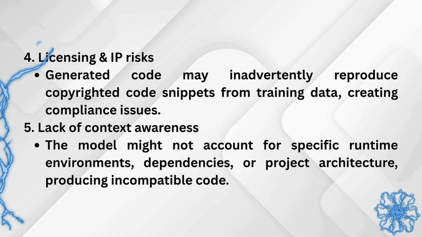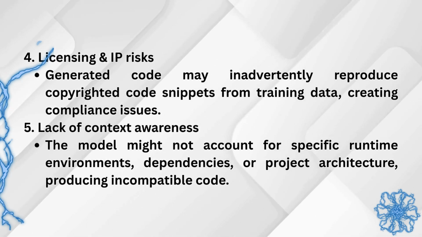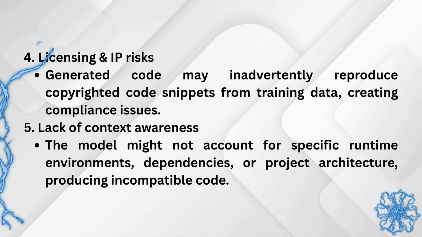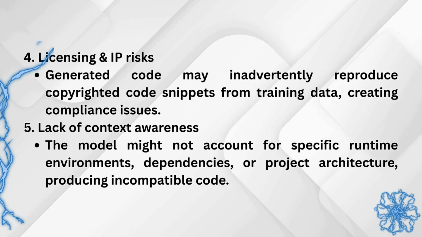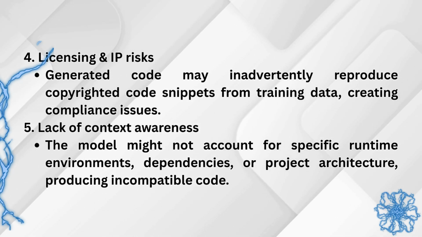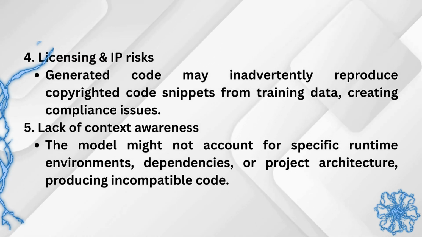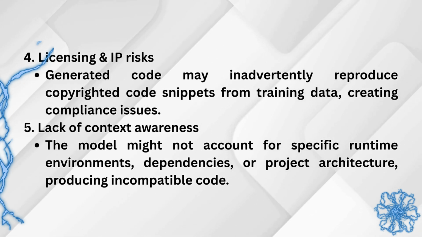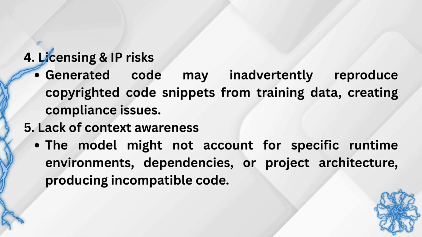Licensing and IP risks. Generated code may inadvertently reproduce copyrighted code snippets from training data, creating compliance issues. 5. Lack of context awareness. The model might not account for specific runtime environments, dependencies, or project architecture, producing incompatible code.